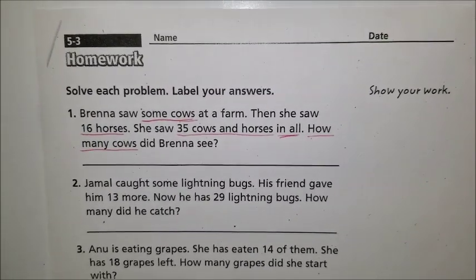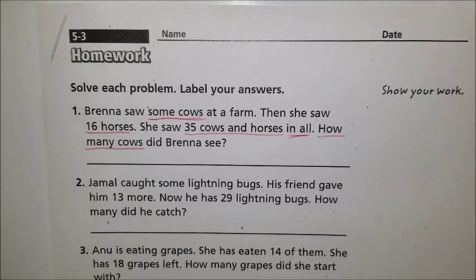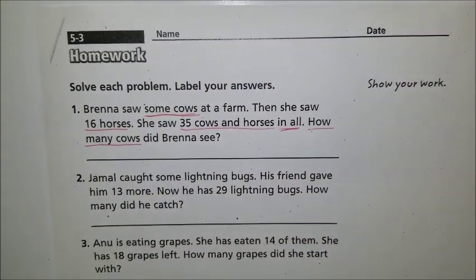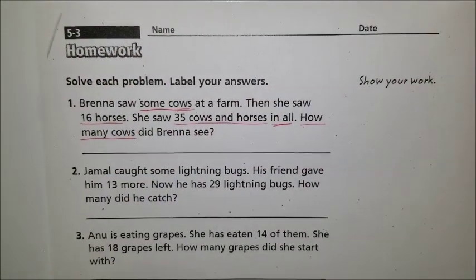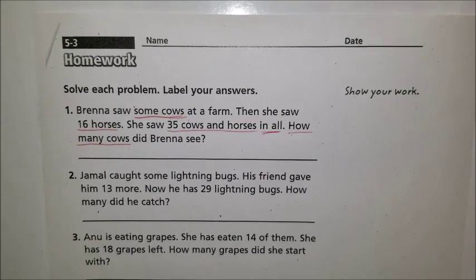Then she saw 16 horses. So, can you see a bunch of horses? Can you see 16 horses? Do you see 16 horses, boys and girls? 16 of them. Okay. Now, there's a bunch of cows and horses out in the field.